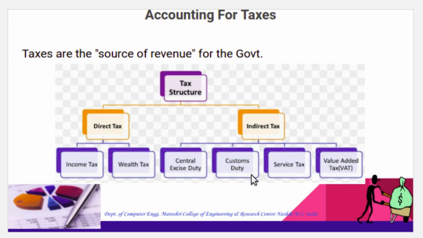This custom duty, or import duty, is levied on goods coming from outside the country, and is ultimately paid by the consumer and the retailers in India. Custom duty is a kind of indirect tax which is realized on goods of international trade. In an economic sense, it is also a kind of consumption tax.